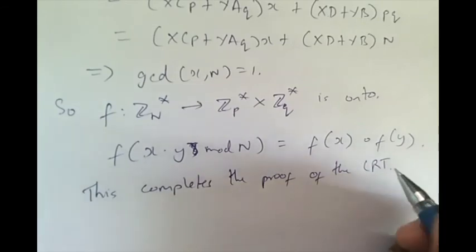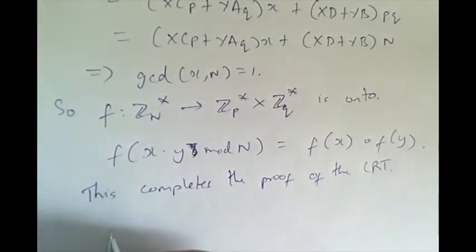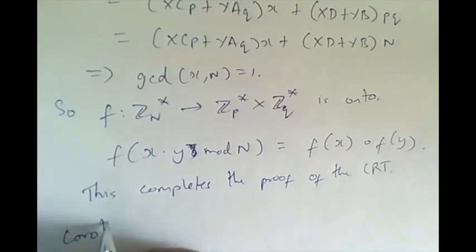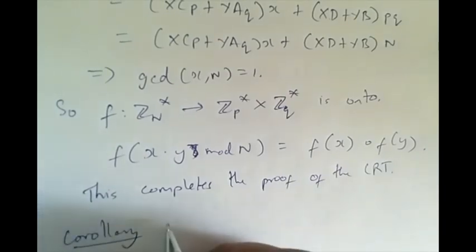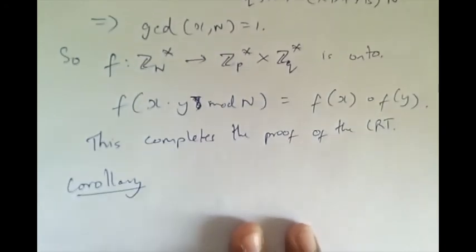And so now the corollary is that the Euler phi function is multiplicative.